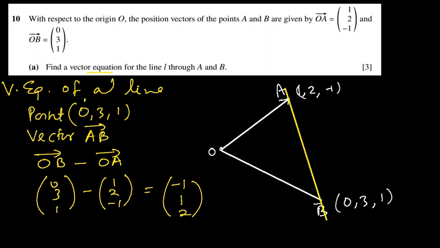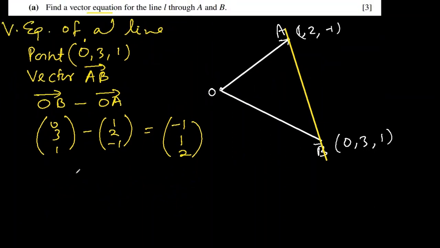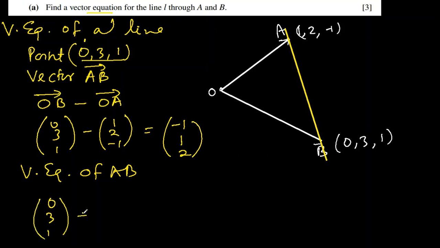This is the vector, and now we can write the vector equation of this particular line. It should be a point first. Point we already know, 0, 3, 1. So vector equation of AB will be 0, 3, 1 point plus the parameter we need. Let's say the parameter is A, and it is minus 1, 1, 2. The vector AB. This is the equation, and we can write it equal to R equal to.